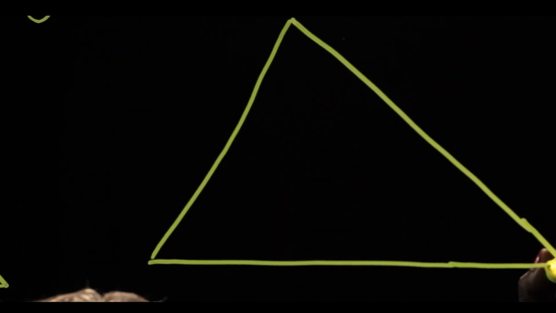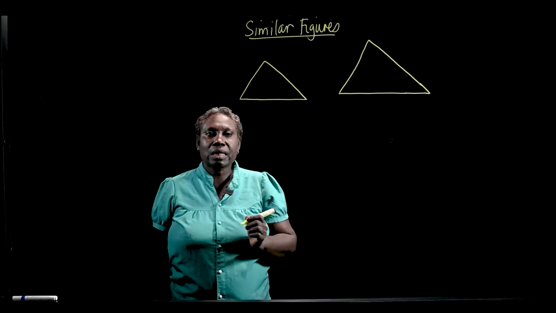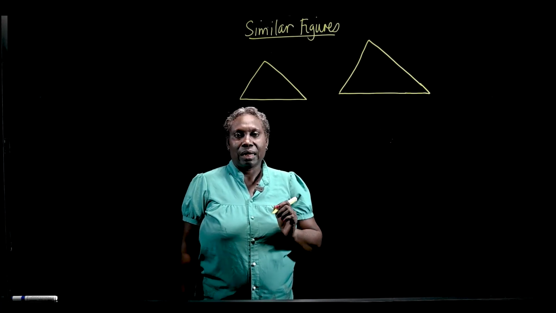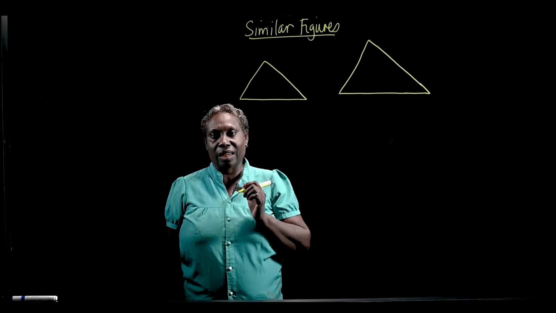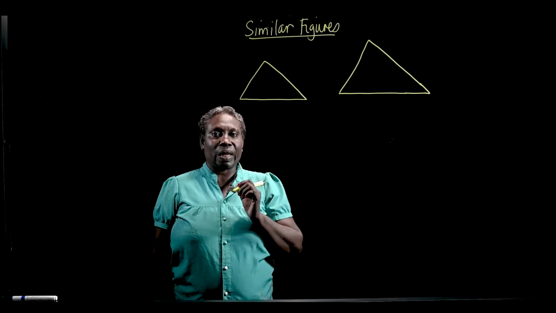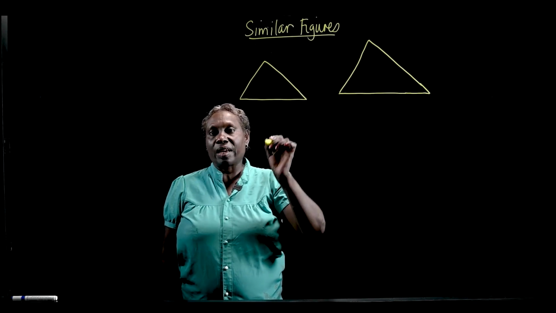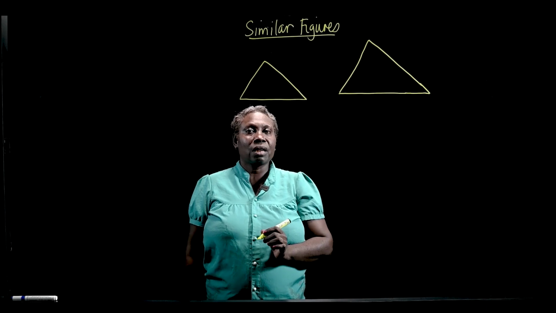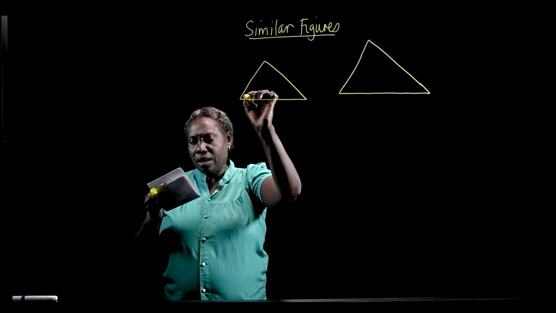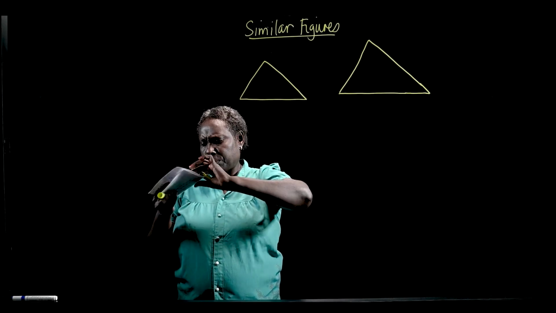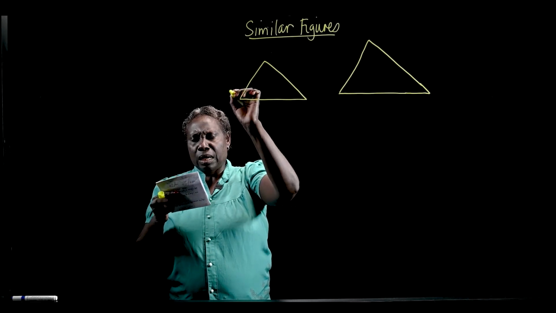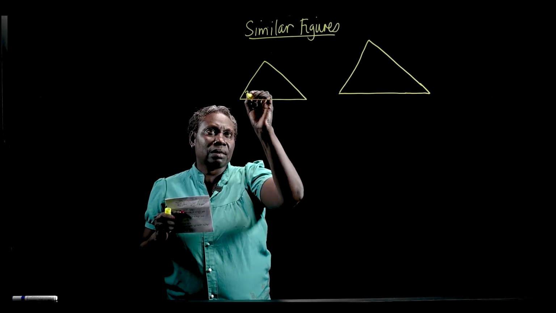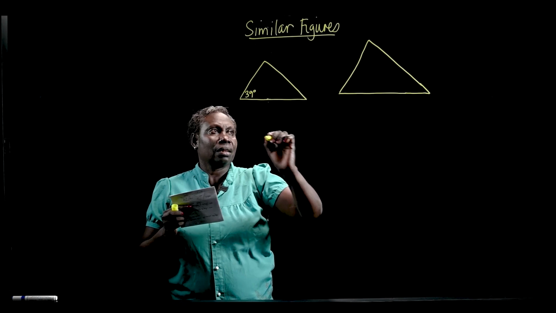I have two similar triangles here. What is similar about these two triangles? Let's look at the angles first. One has an angle of 39 degrees.